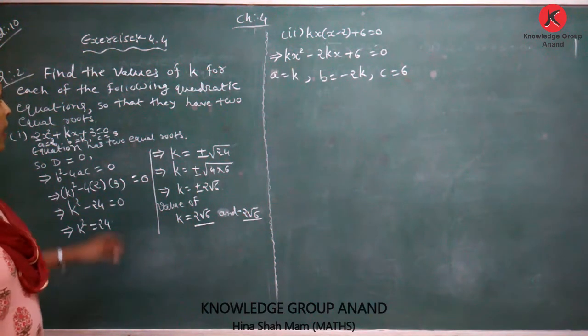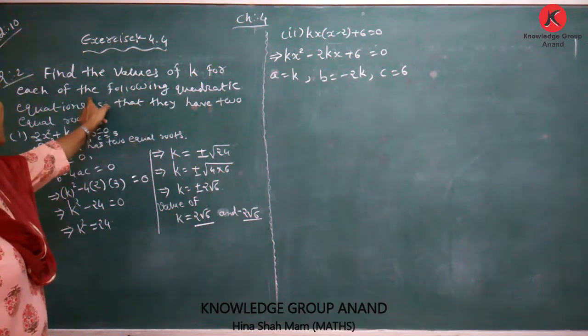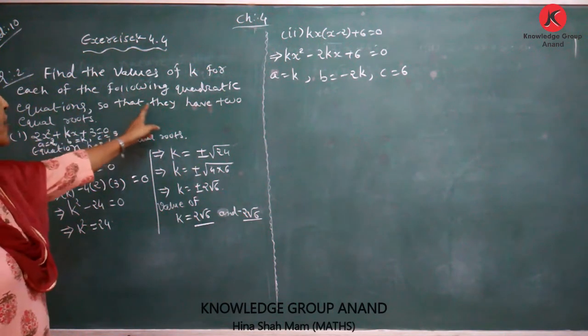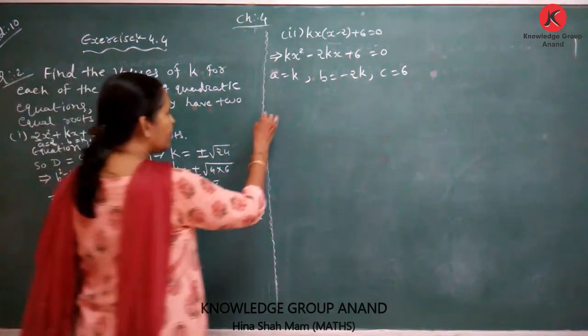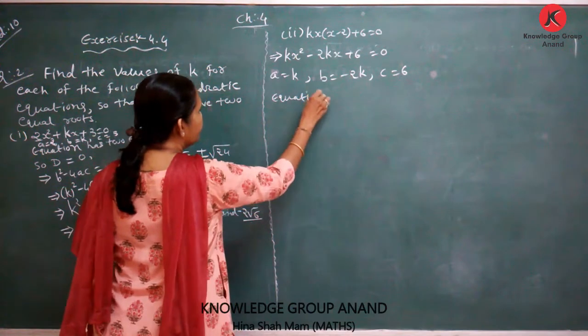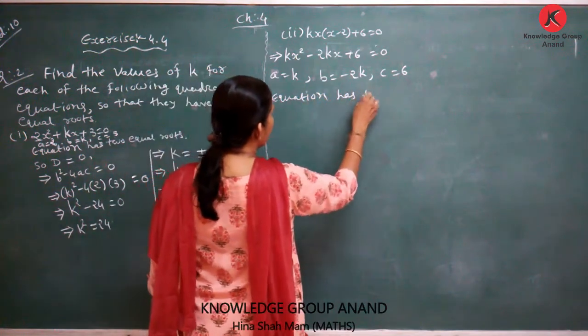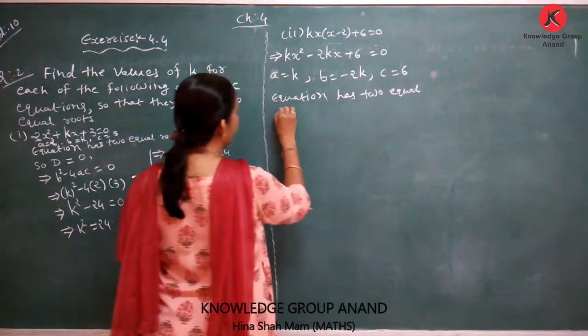Find values of k for which each of the following quadratic equations has two equal roots.